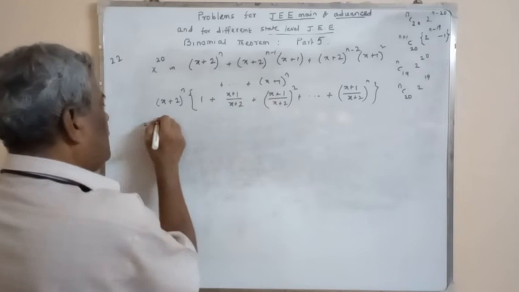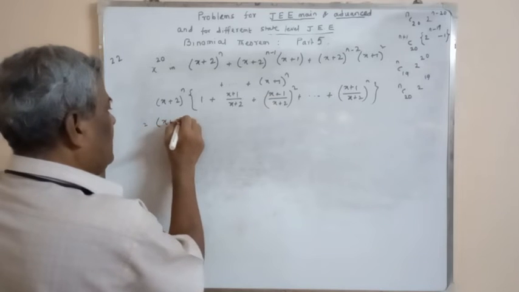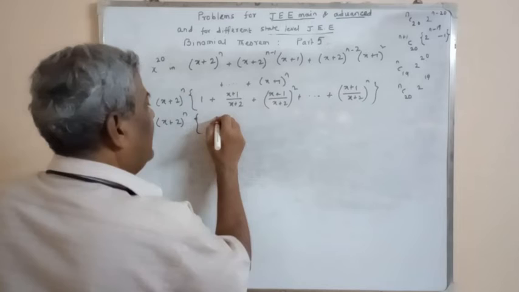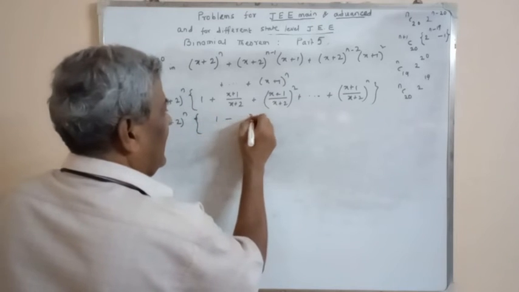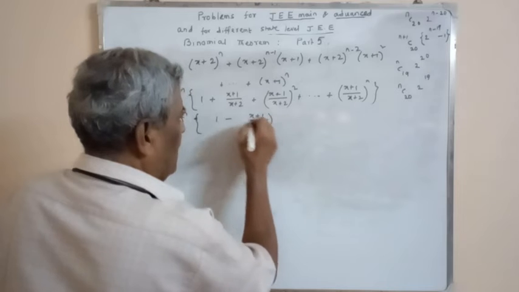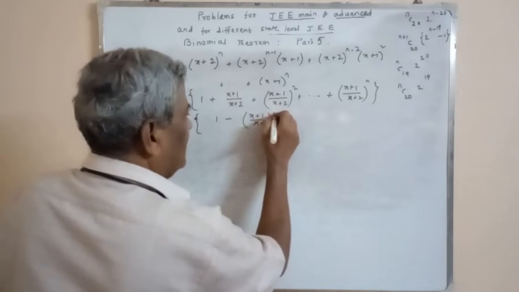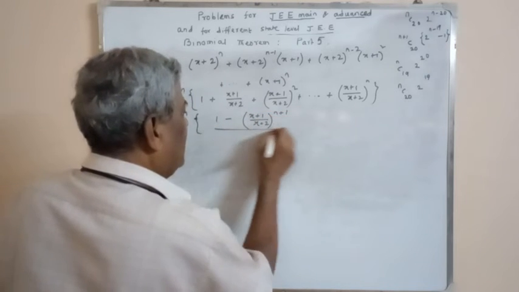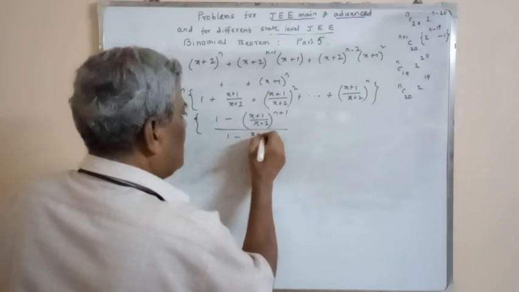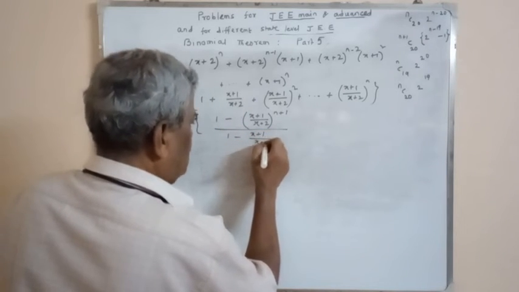So it is equal to (x plus 2) to the power n into 1 minus (x plus 1) by (x plus 2) to the power of the next higher term, n plus 1, divided by 1 minus the common ratio (x plus 1) by (x plus 2).